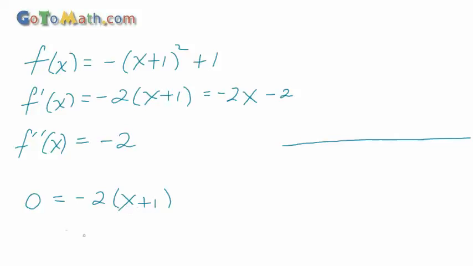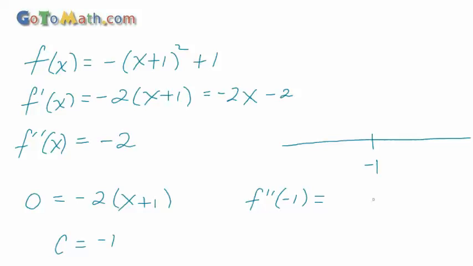And of course c, which is our critical number, is negative 1, because negative 1 plus 1 is 0. Now what we can do is take negative 1 and plug that into the second derivative. So f double prime of negative 1.